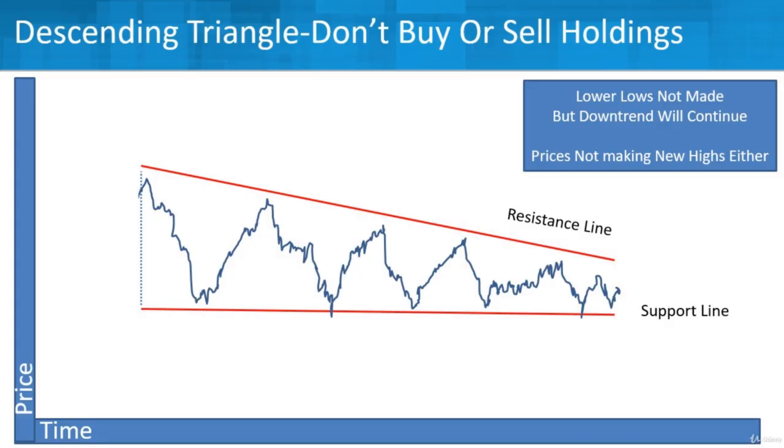So if you own something, you might not buy or sell your holdings, depending where you're at within the triangle. Let's say I had bought earlier and it was downtrending, and it starts coming back up within that triangle, I might try to sell near the resistance line, really to just get out is the idea. Because again, a trend is going to keep getting lower.